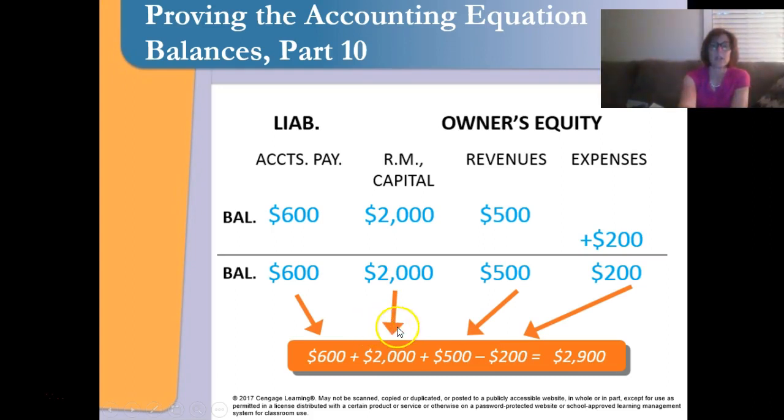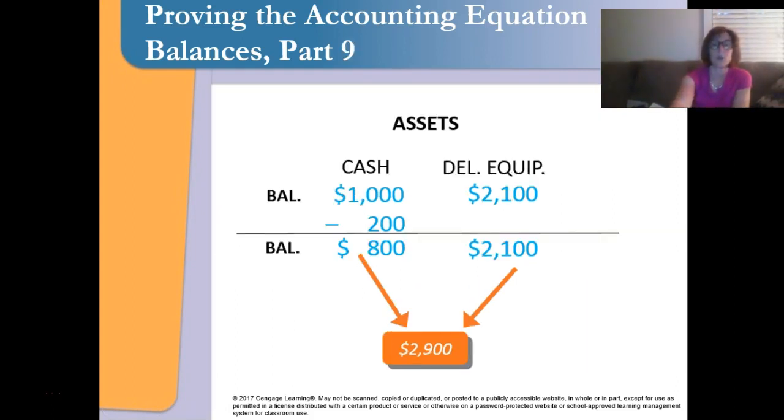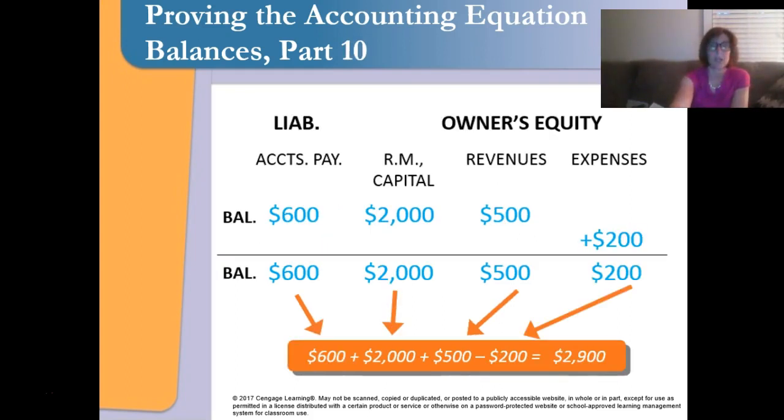So if we add our capital account and effectively what is net income, $300, to our liabilities, we have $2,900 on the right side of the accounting equation, which, lo and behold, equals our assets on the left side of the accounting equation. And so we remain in balance, which is good because we need to remain in balance.